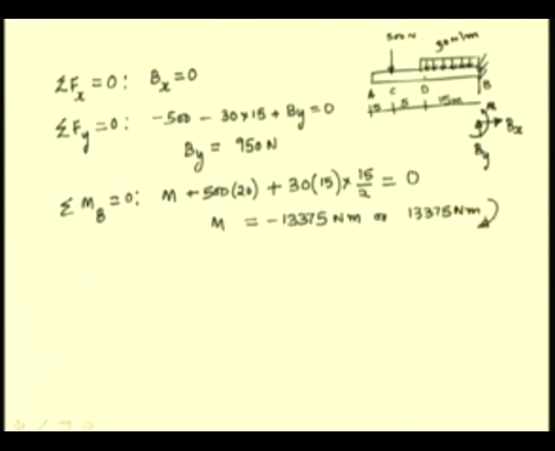So, now we have found the reactions, that is the moment as well as force reactions at B. Now, we can proceed to find the shear force and bending moments.